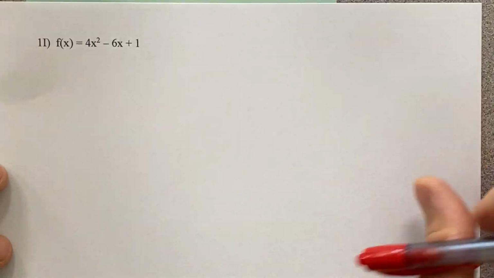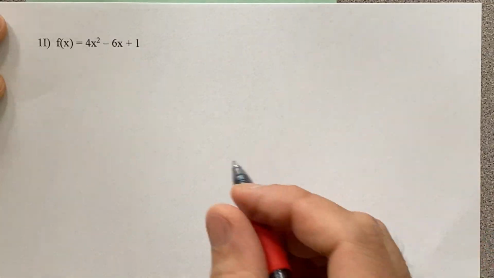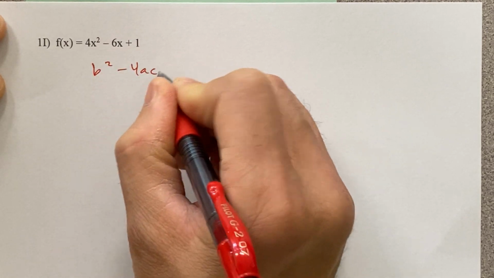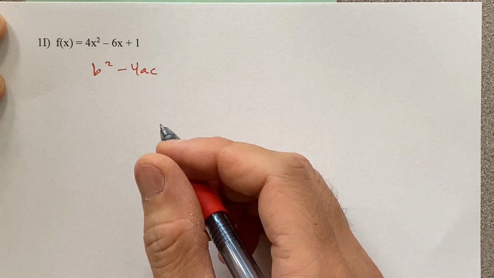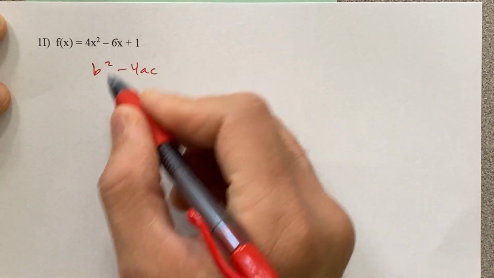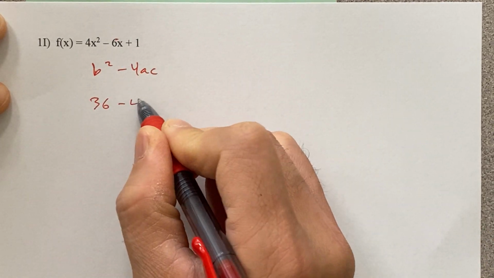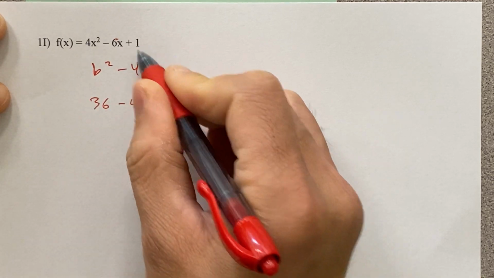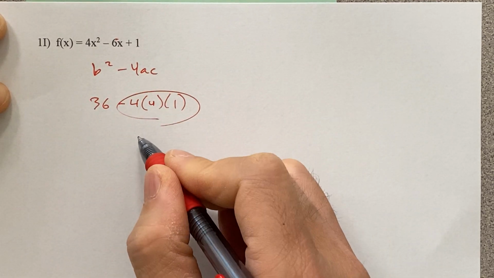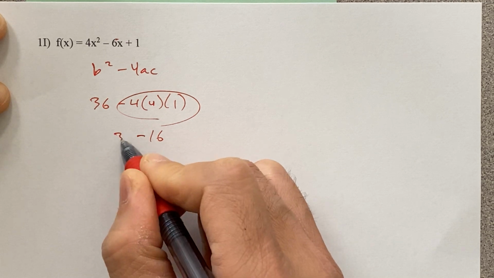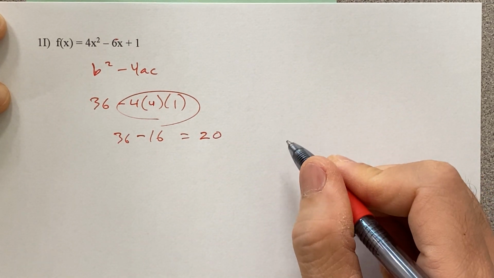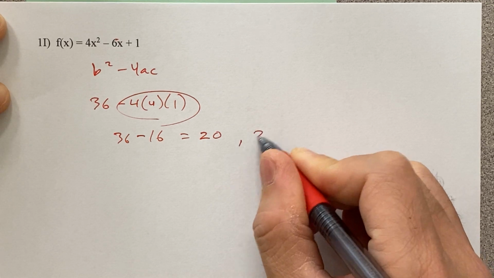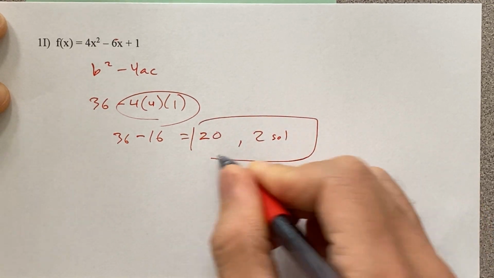And then finally, let's take a look at how you did on 1i, b squared minus 4ac. So get real comfortable with this. This is actually the worst part of the quadratic formula. The first part you are already comfortable with. So that's going to be 36. And c is 1. So if I multiply all that, that's negative 16. Okay, so that's 20, my discriminant, which means it's positive. I have 2 solutions.